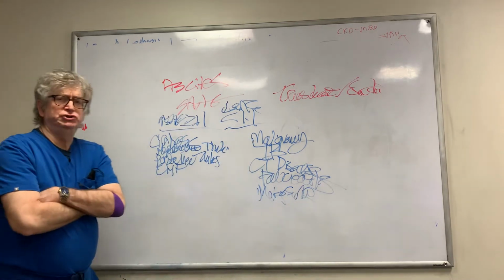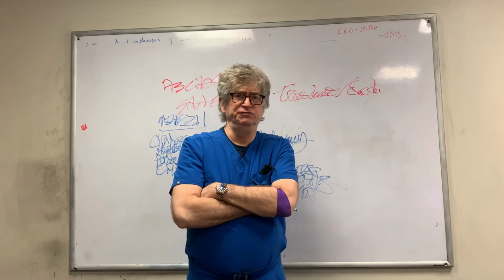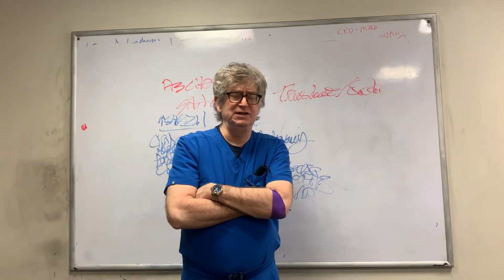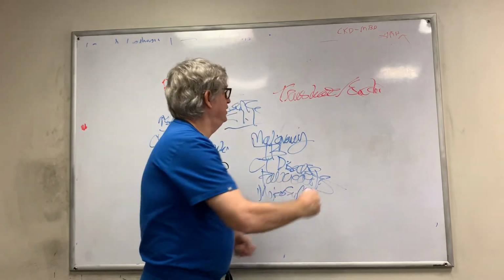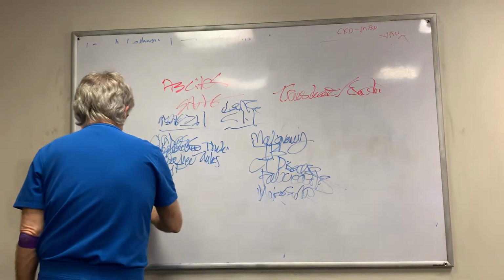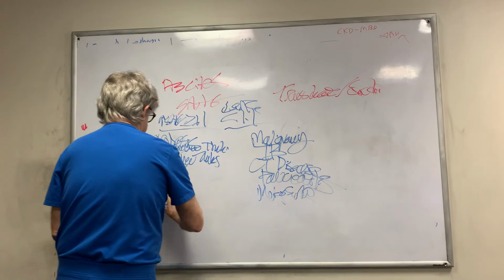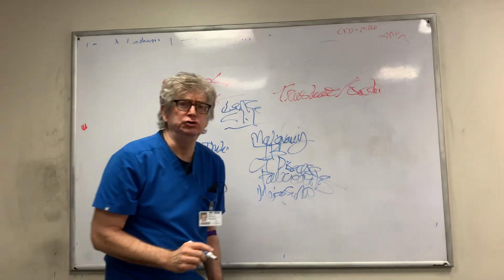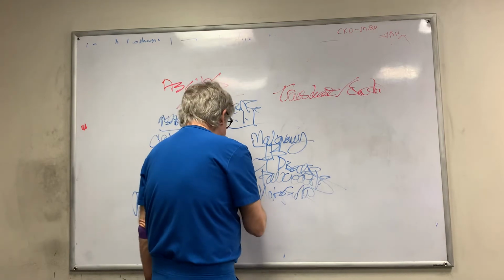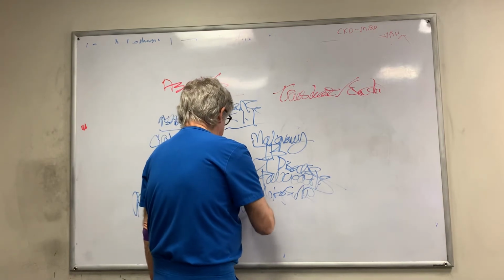Okay, cirrhosis of the liver is the most common cause of ascites. The mechanism is as follows. You have increasing intrasinusoidal pressure, and that occurs because of proliferation of stellate cells in the liver.